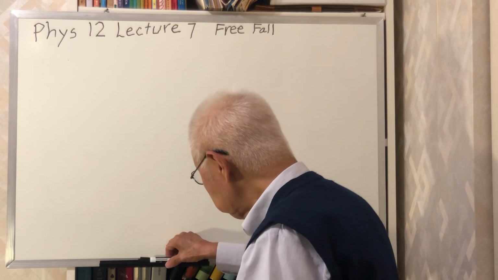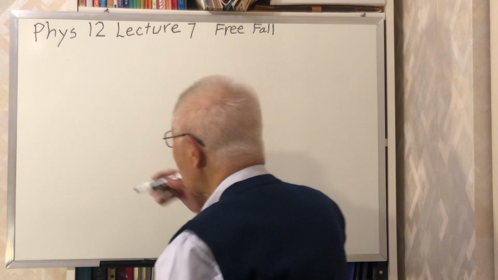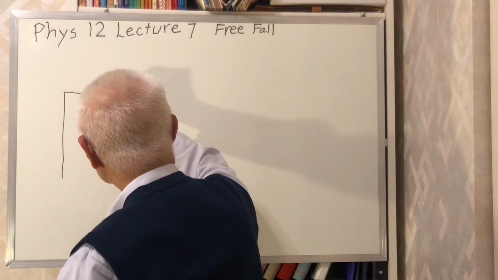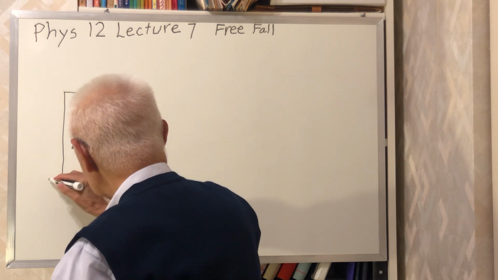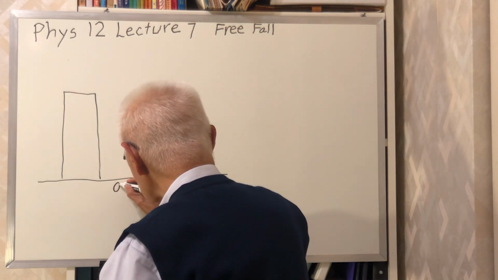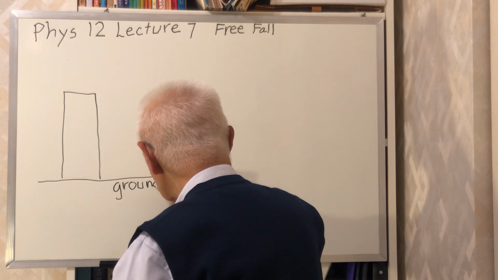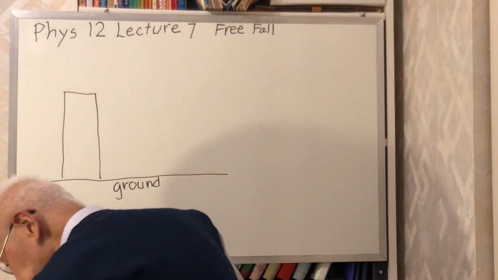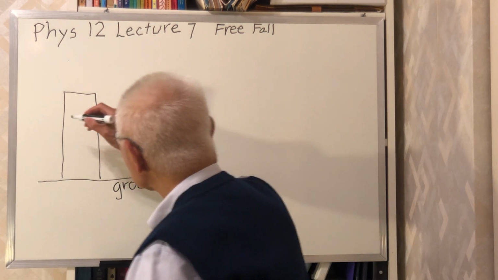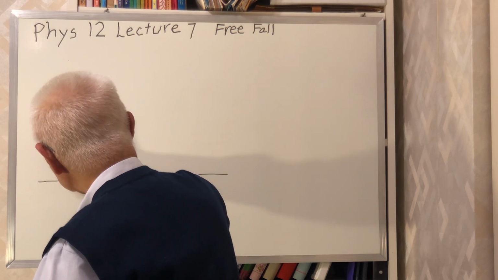The example is I have a building. This is the ground. The building is 52 meters high.